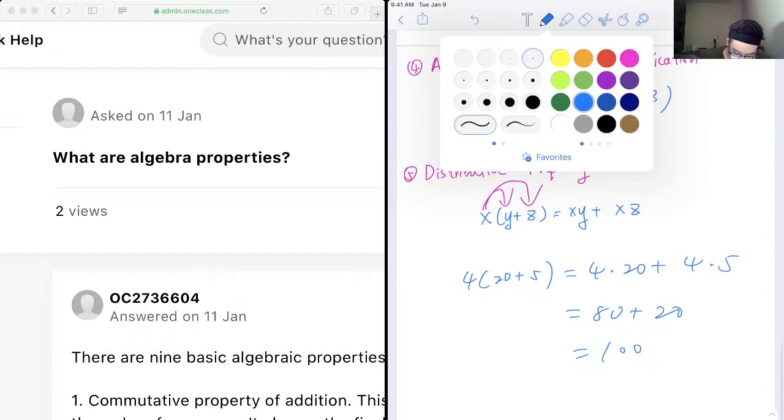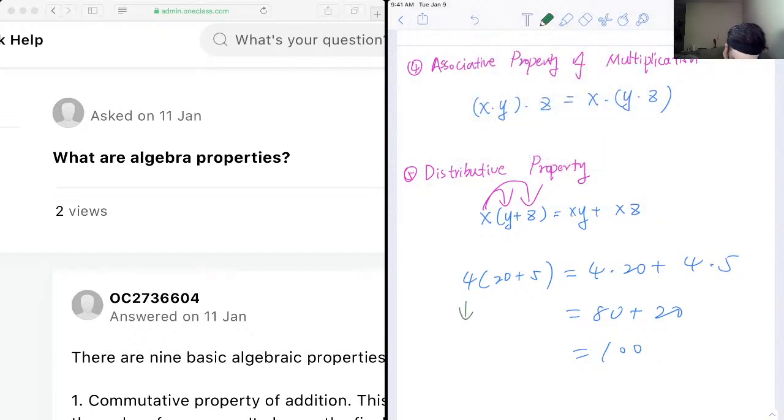And in our case, 4 will be x, 20 will be y, and 5 will be z. So after applying the distributive property, we have x times y plus x times z.